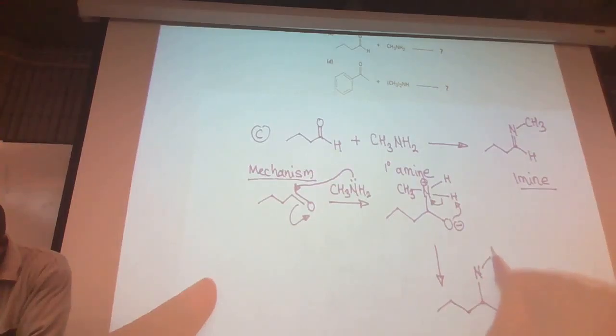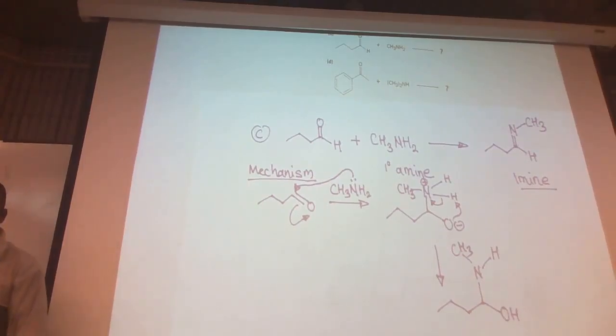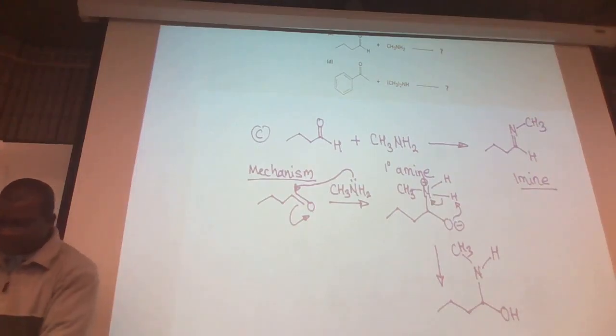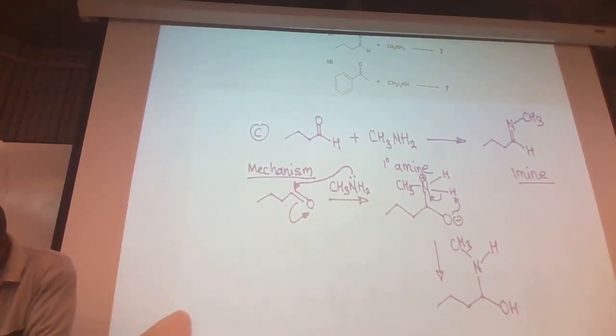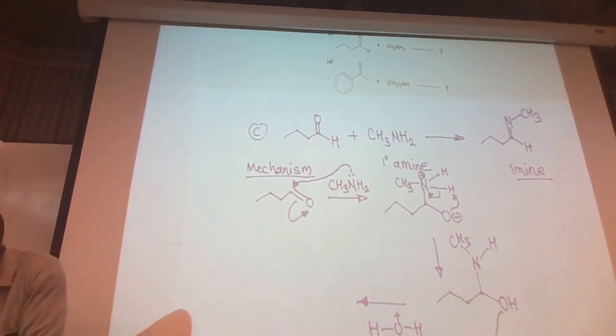Okay, so now you have the base, double CH3. Now this is where your acid or your base comes into play. So if you're using an acid, the oxygen in the alcohol is going to pick up that proton.